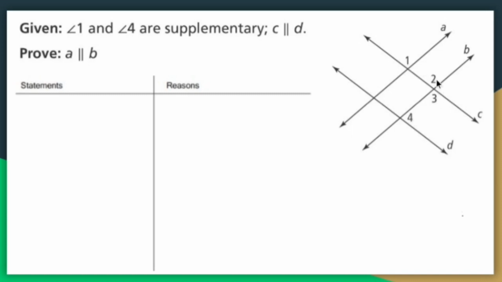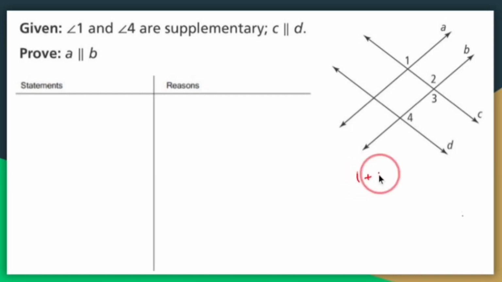And once I show that 1 and 2 are congruent, then I have corresponding angles are congruent, therefore A and B are parallel. So that's my goal. Take 1 and 4, get to 2, and show that 1 and 2 are congruent. So a little rough draft over here.